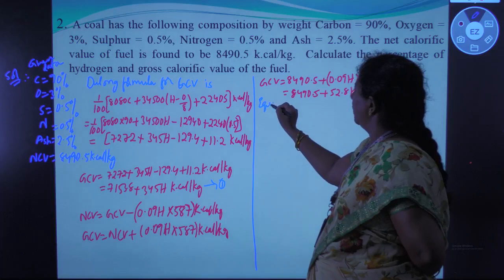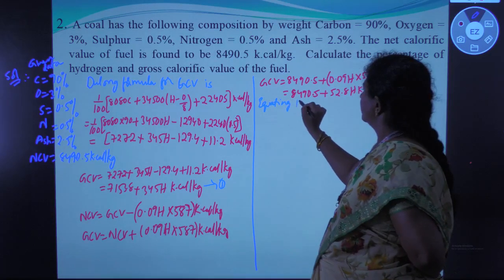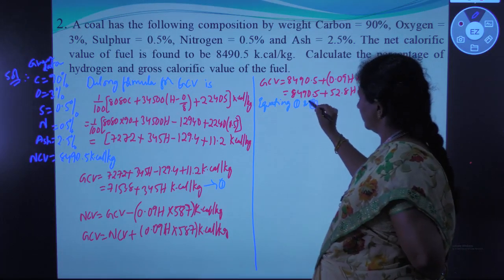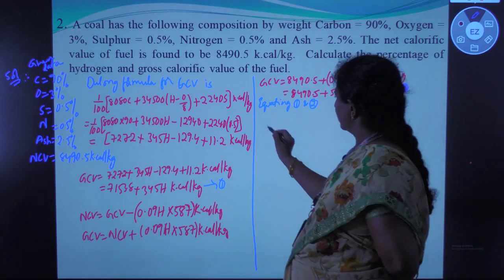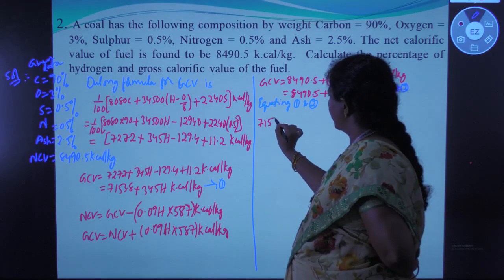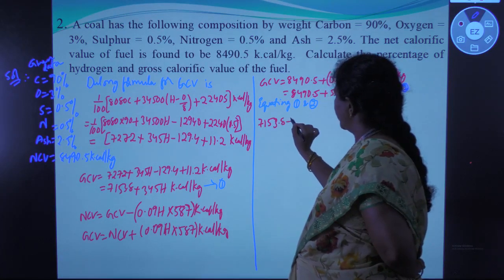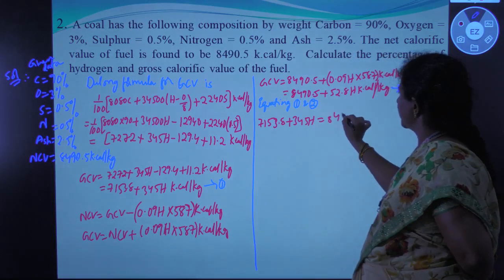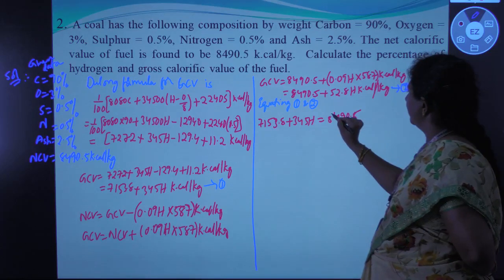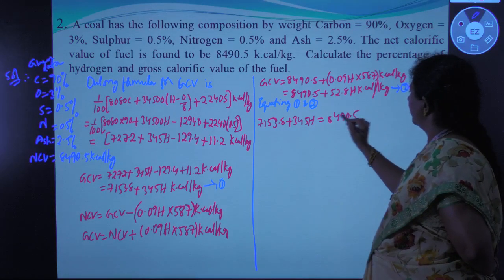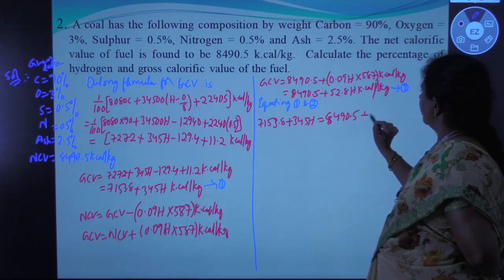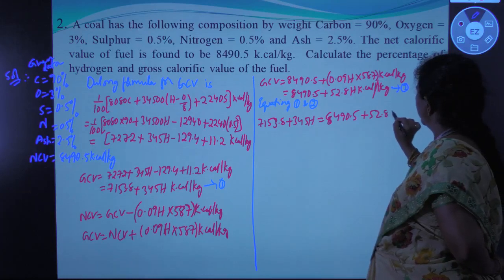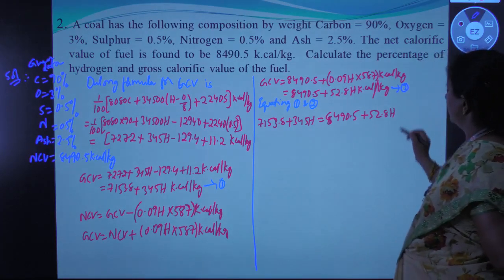So equating 1 and 2. 7,153.8 plus 345 hydrogen is equal to 8,490.5 plus 52.8 hydrogen.